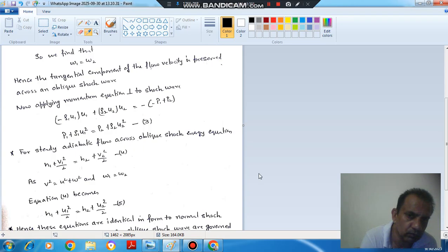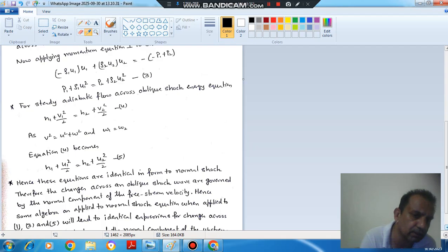In these three equations we will take the normal component of velocity. Hence these equations are identical in form to normal shock. Therefore changes across an oblique shock wave are governed by the normal component, that should be remembered. So we have to take the normal component of the free stream velocity, as analyzed in the continuity, momentum and energy equations.